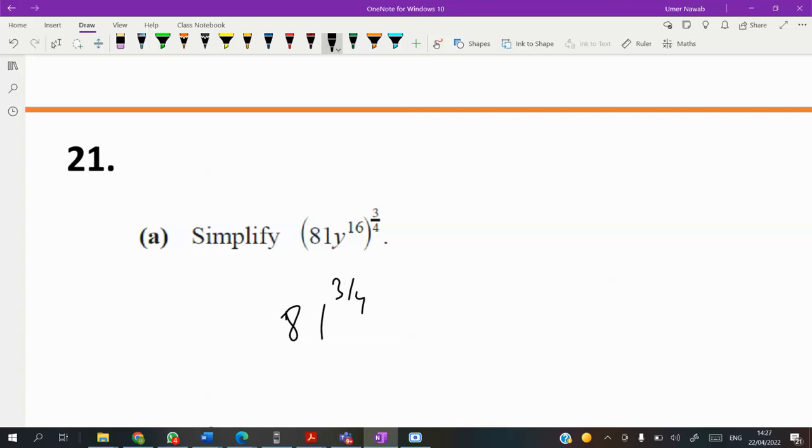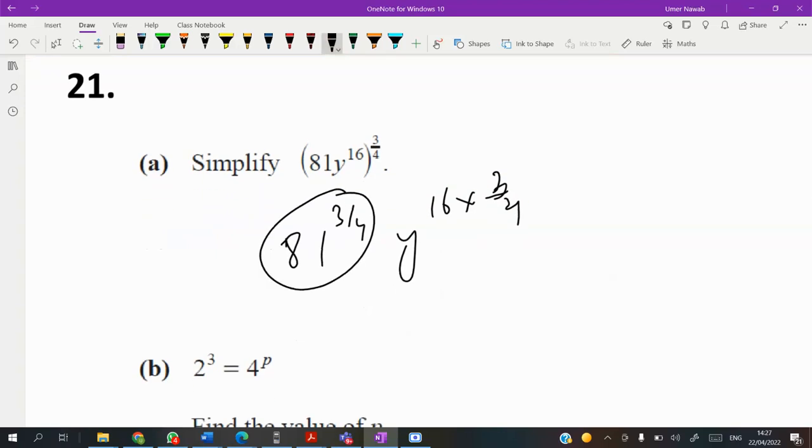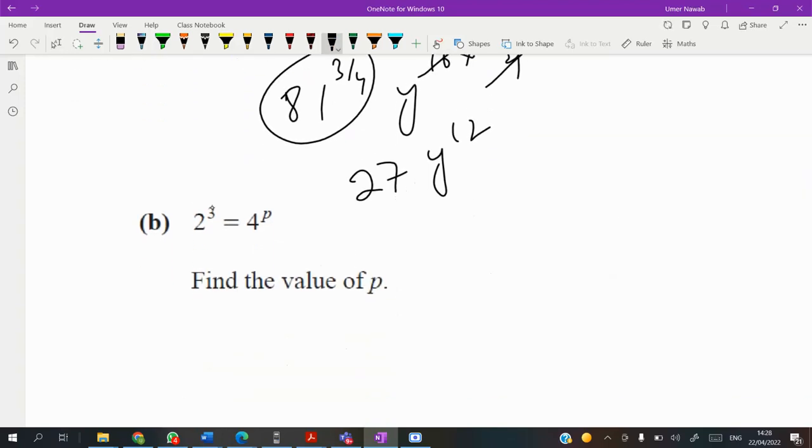81 to the power 3 over 4, and 16 times 3 over 4. When I do this on the calculator, it will come to 27, and the 4s cancel, it is 12. Now what is this? This is 2 raised to the power 3, which is 8.